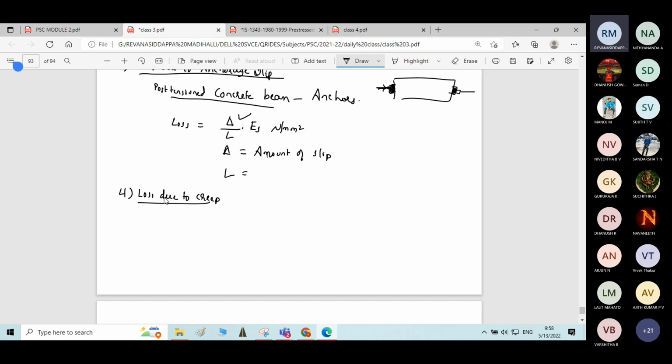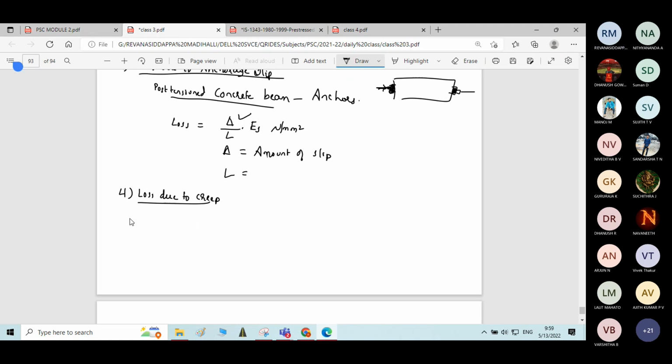Due to the sustained pre-stress over a long period of time, there will be loss of pre-stress. This loss of pre-stress due to sustained loading is called loss due to creep, and it mainly depends on the creep coefficient or ultimate creep strain.